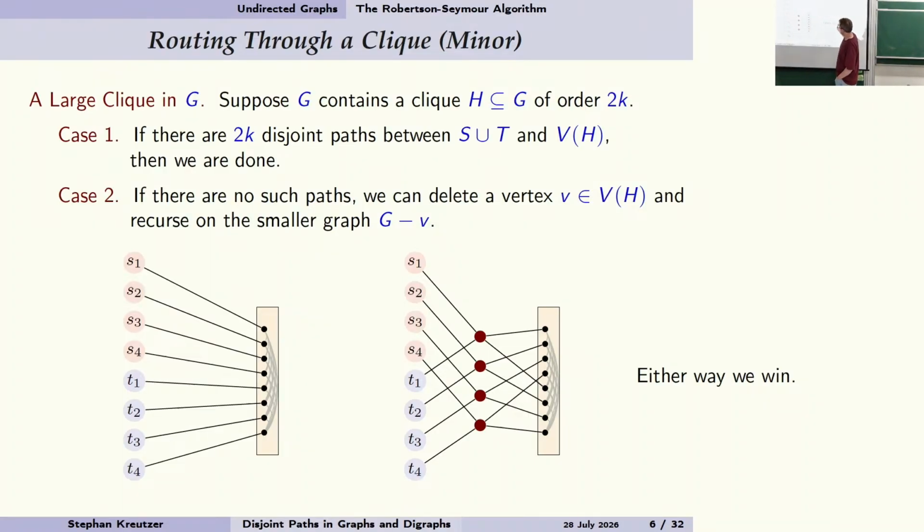But we also win if the answer is no, because then Menger's theorem will give us a small separator. And so every path from sources and targets to the clique will have to go through one of these vertices, and there are fewer than 2k. Well, what it means is, if you want to use the clique for anything, we have to start somewhere, then use a vertex of the separator, go to the clique, and then come back.